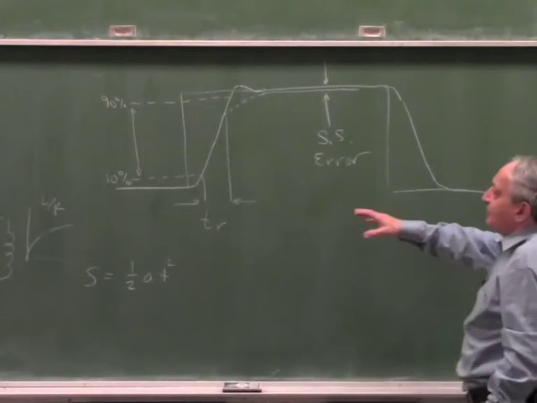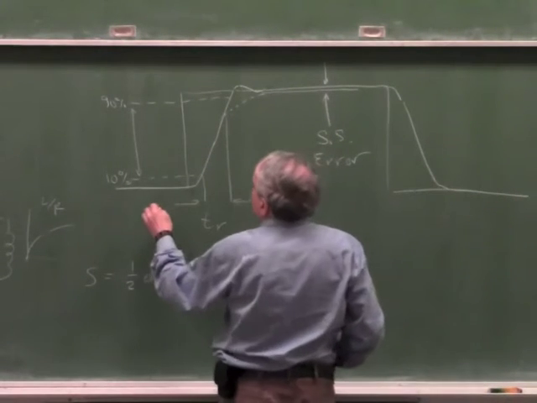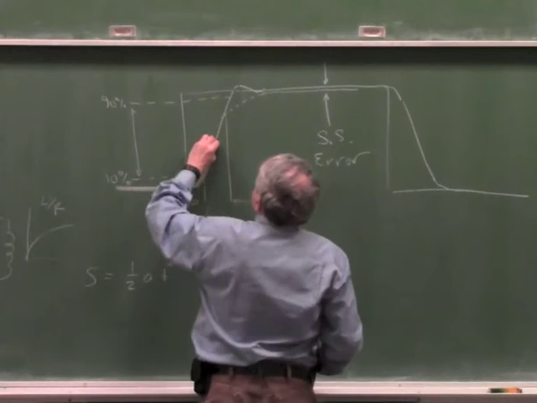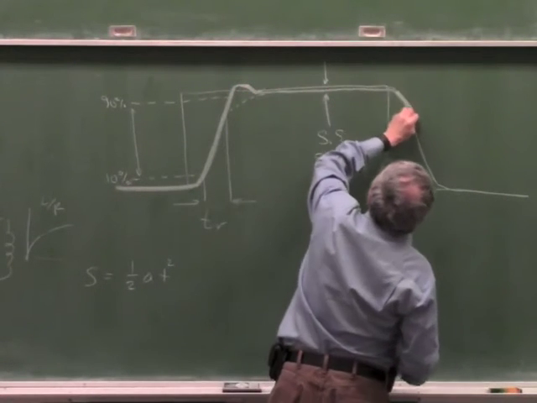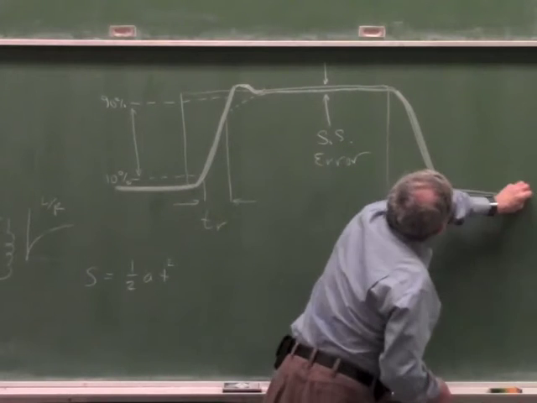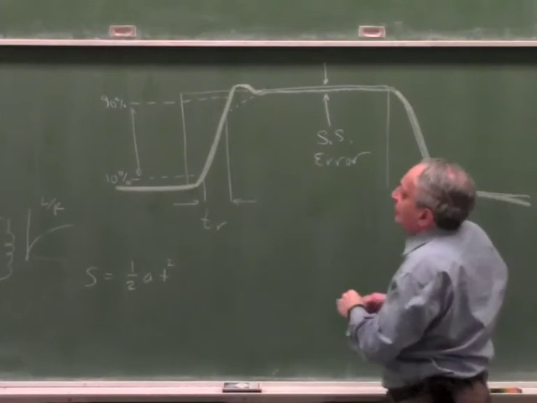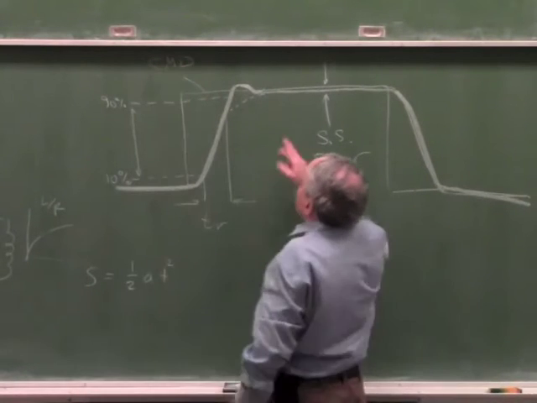That's the same as it's specified in electrical signals. Just to make it clearer, I'll make the response line heavy. So this is the response line, and the thin line is a command. So this is a command, and this is the output.